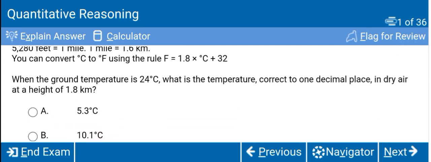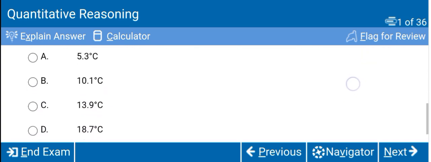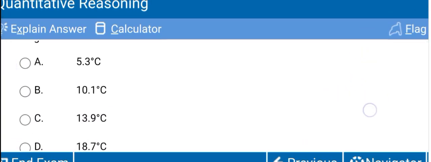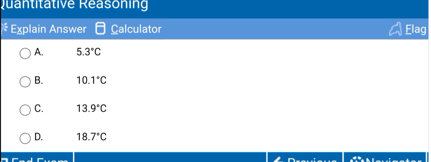So now the question is that when the ground temperature is 24 degrees centigrade, what is the temperature correct to 1 decimal place in dry air at a height of 1.8 kilometer? Option A, 5.3 degrees centigrade.